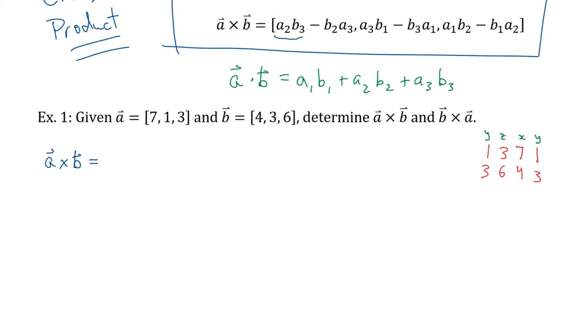We start with A2 times B3. So this is A2 and this is B3 because I started with y and then I did z. So it's 1 times 6 minus A3 times B2. So A3 is 3, B2 is also 3.